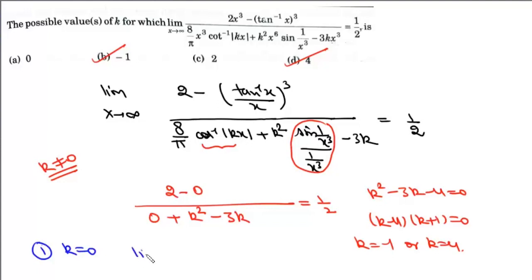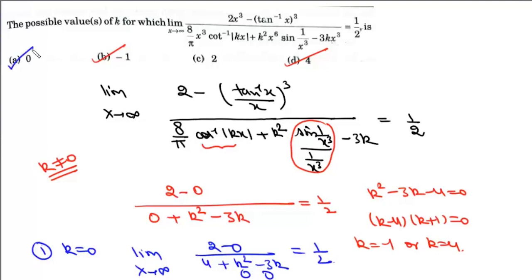In that case, we'll have this limit x tends to infinite 2 minus 0. Now this is 8 upon pi into pi by 2. There will be 4 plus k square minus 3k, and if k is 0, this value is again going to be 1 by 2. So that means one more value of k is possible. So there are 3 values possible for k, which are 0, minus 1 and plus 4.